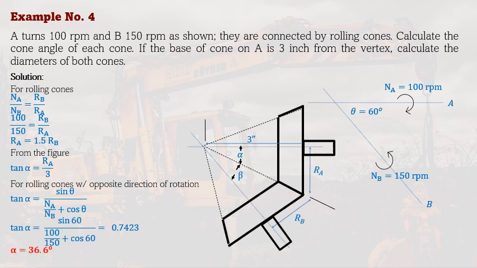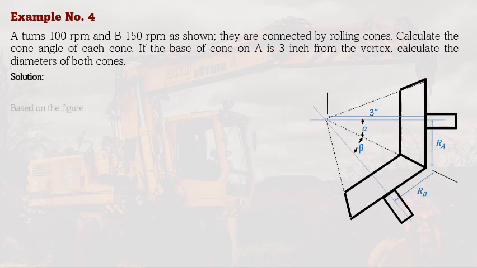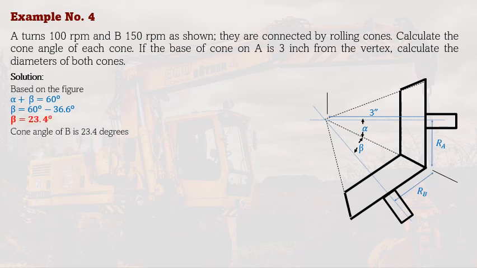Therefore, the cone angle of cone A is 36.6 degrees. Also, based on the figure, the sum of the cone angles is equal to the shaft angle. Since we already have alpha, we can get beta. So beta is 23.4 degrees, and that is the cone angle of cone B.